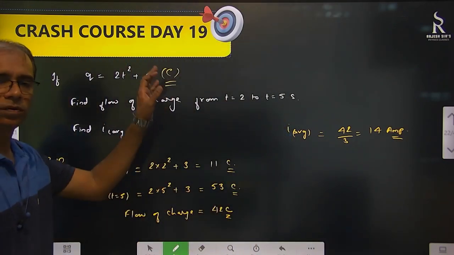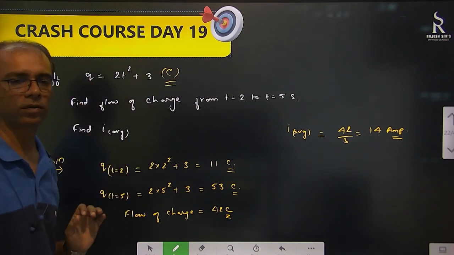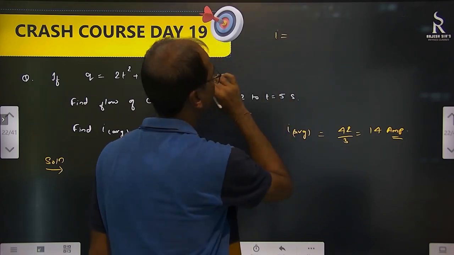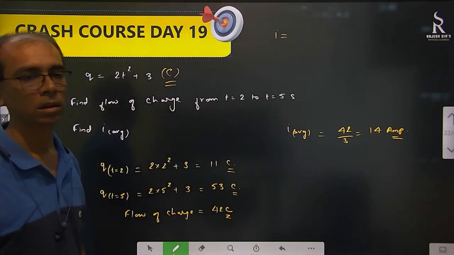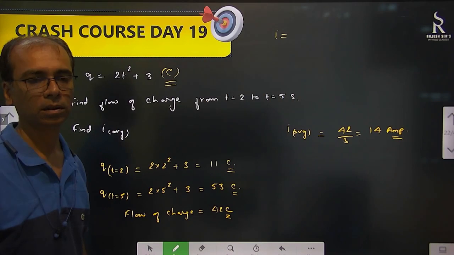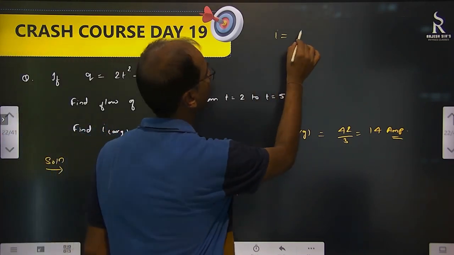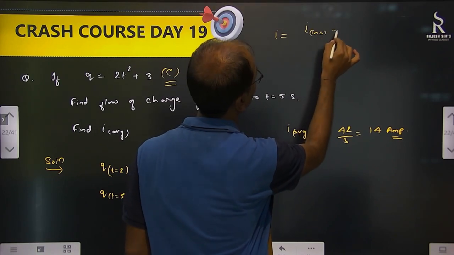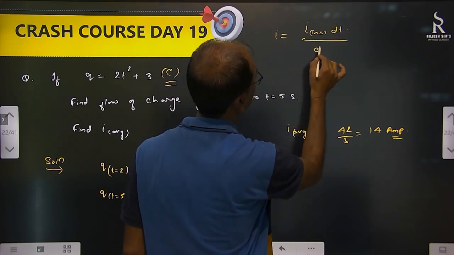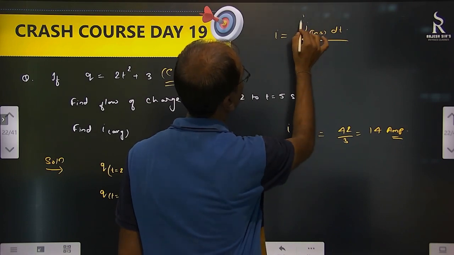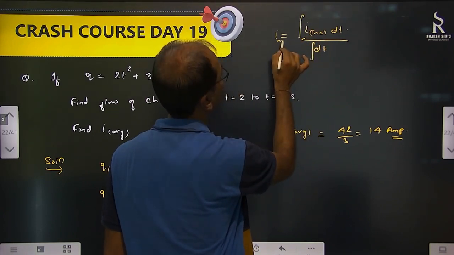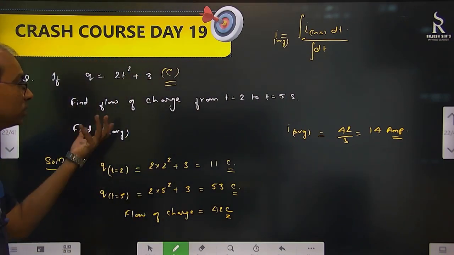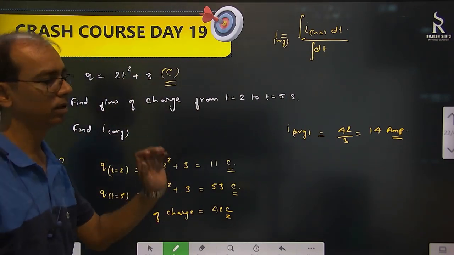But suppose we have to find it using integration. Sometimes we are interested in that, right? Then what to do? I average will be the integral of I instantaneous into dt, divided by the time. This we have to use for I average. First you have to find I instantaneous, but in this one we didn't find it; without that itself we found I average.